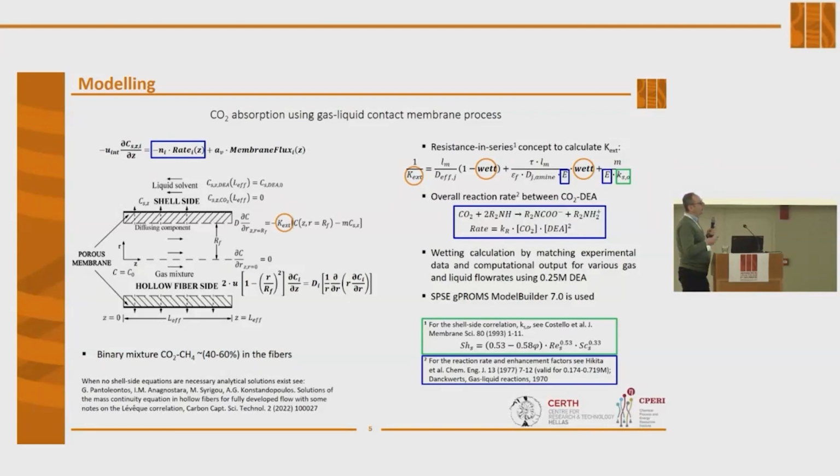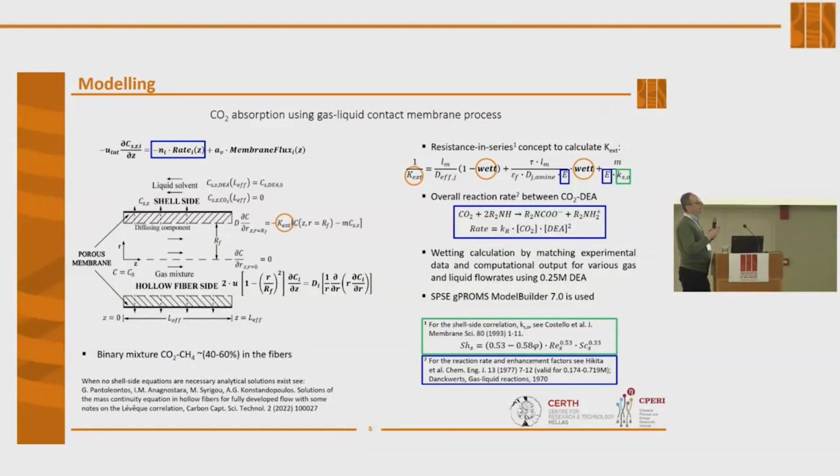For the membrane part, we have included a wetting term, that is, we are assuming a resistance in series. First, the gas has to overcome the resistance of the gas-filled part of the pores, and then overcome the resistance imposed by liquid penetrating into a part of the pore that we need to find.